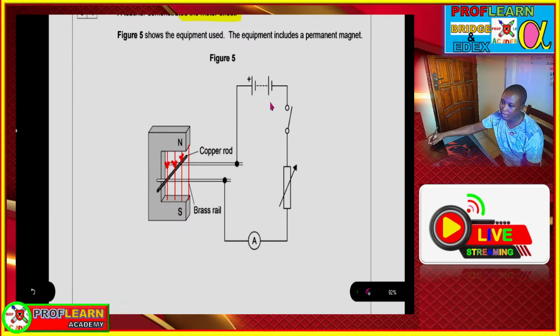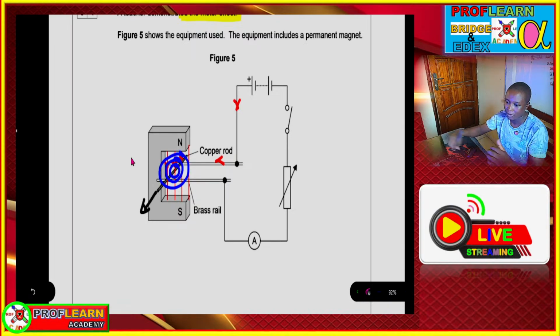But notice that current is going to flow in this direction, so in our conductor the current will be flowing this way. This conductor is going to experience a force, because when current flows through it, magnetic fields will be created around the conductor.